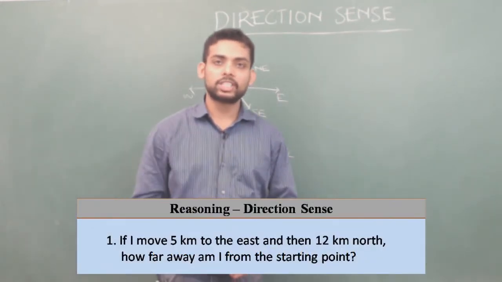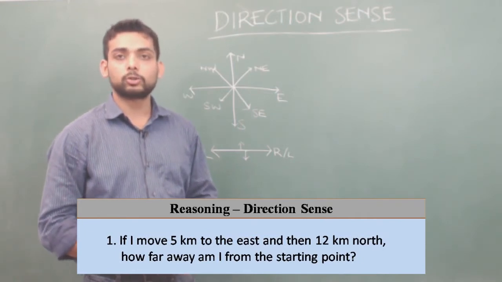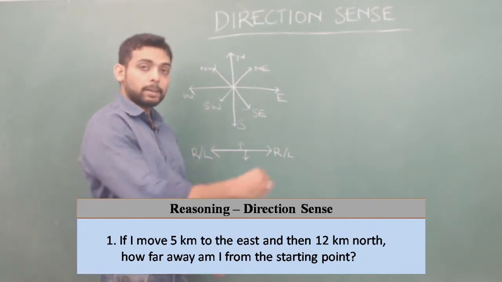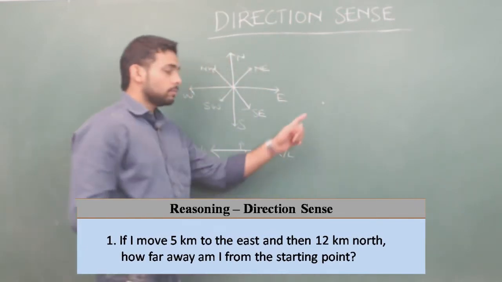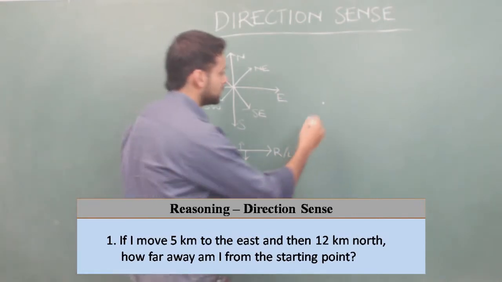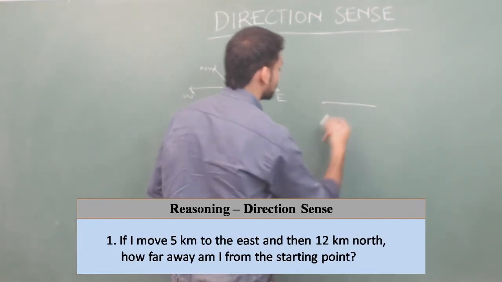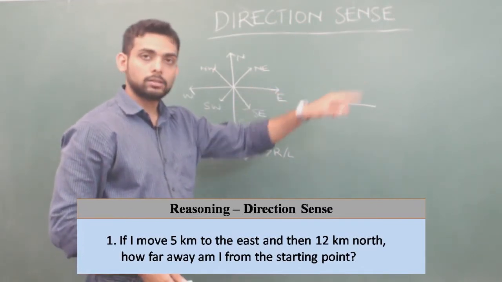Okay, we have a question in front of us which says, if I move 5 kilometers to the east. So we'll make a point over here. This will be a starting point. Okay, now I move 5 kilometers to the east. So judging by my compass, east is that side.